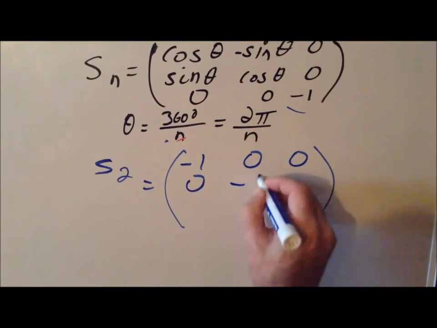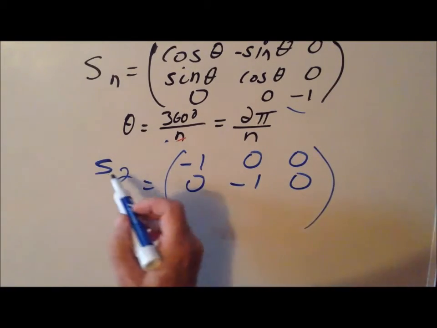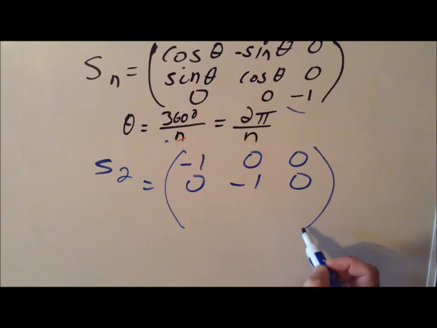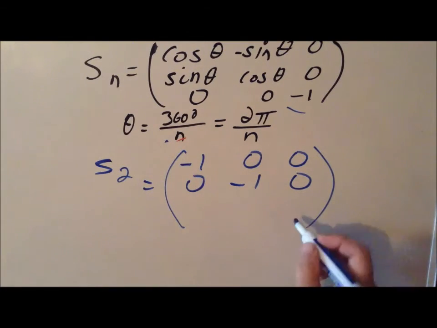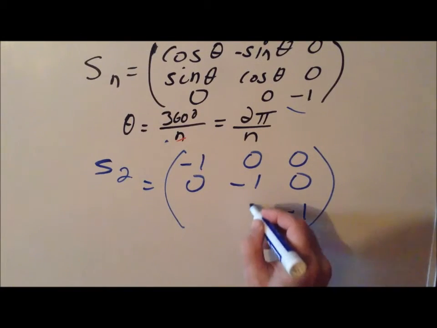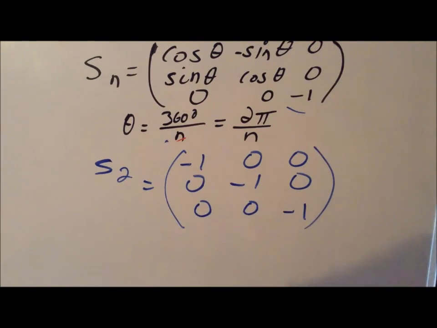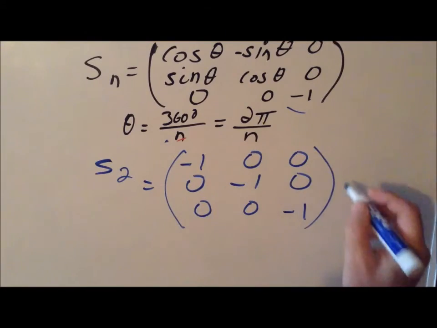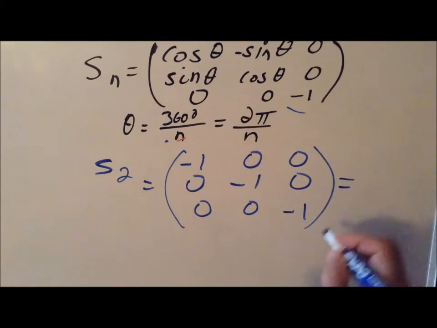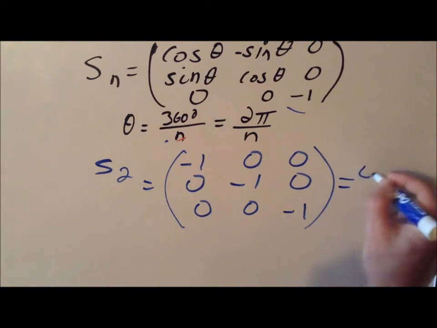To get the improper rotation, the S2, we need a -1 in this position. And we notice now that along the diagonal, the only terms that we have are -1s. So what this tells us, we can recognize immediately in 3 dimensions, this is exactly the same matrix as the inversion operation. So one of the things that we can recognize right away is that S1 is going to be a mirror plane.